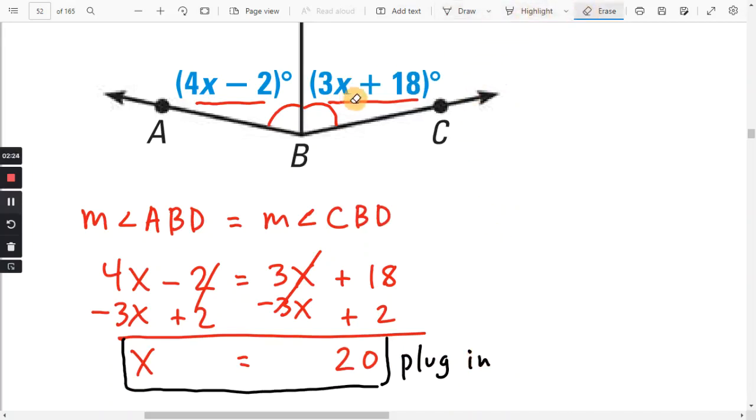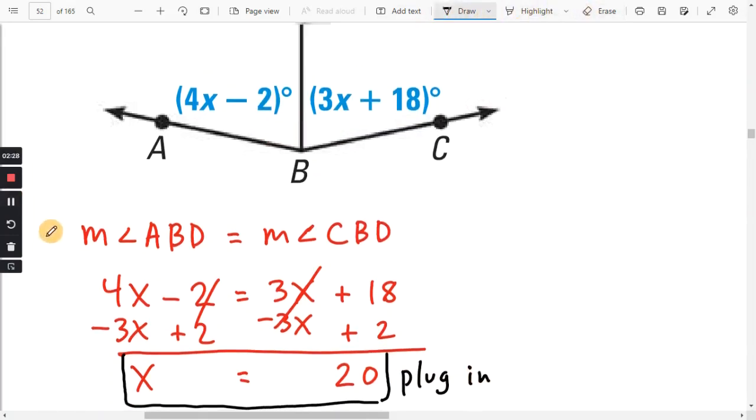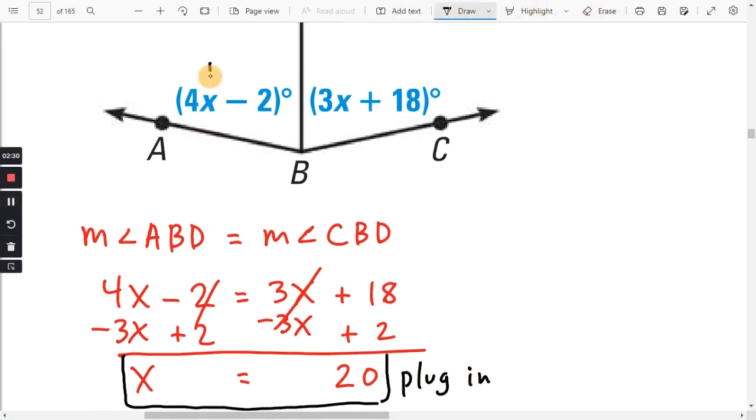So the 20 is going to go right in there and right in there. So this one here, that's going to be 4 times 20 minus 2. 80 minus 2 is 78.